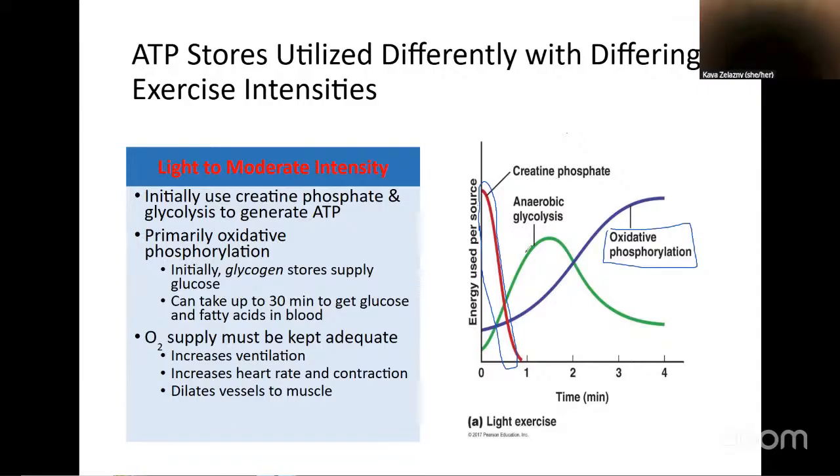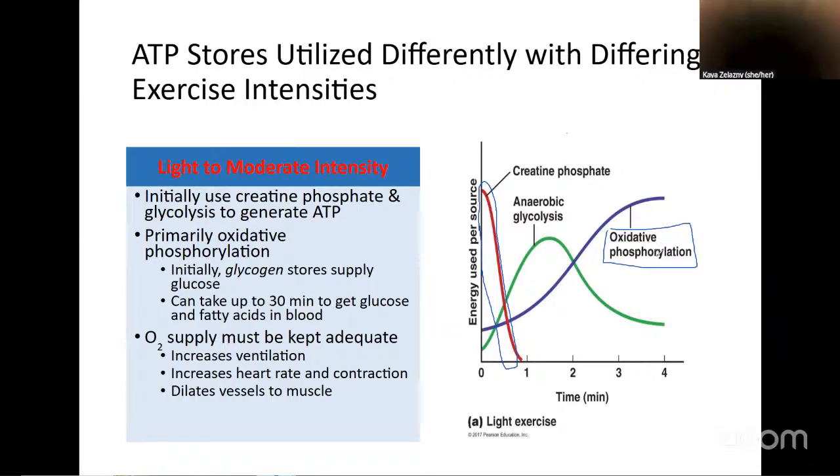We start breaking up glucose, and at first, that glucose is going to come from our glycogen stores in the muscle. It can take a long time to pull glucose or fatty acid out of the blood while you're starting to exercise. So it is important to have some extra glucose available to you, but it's going to take a minute to get into these cells.